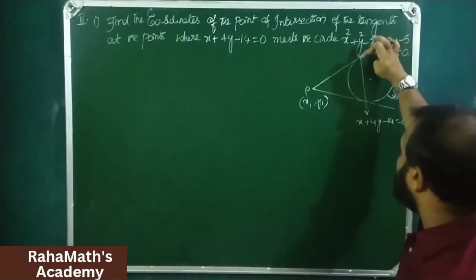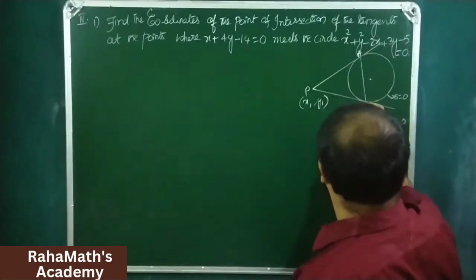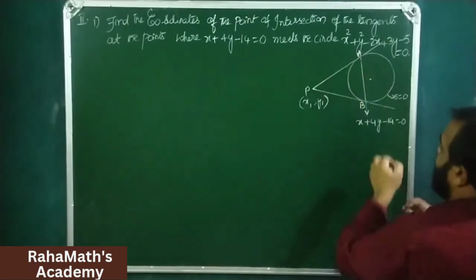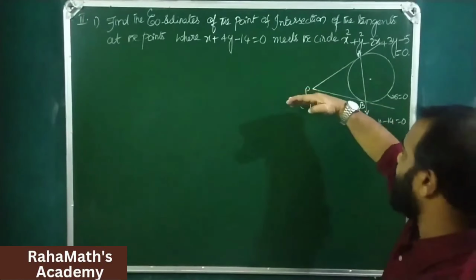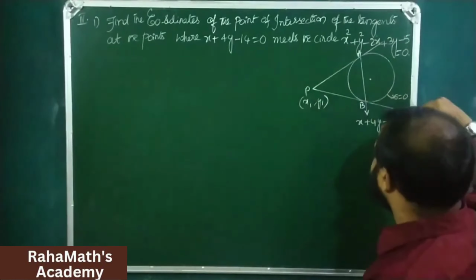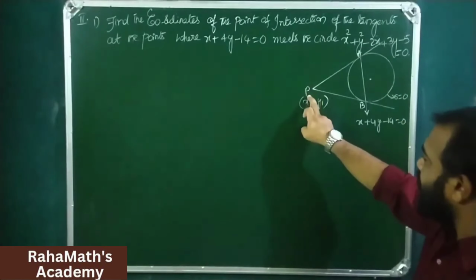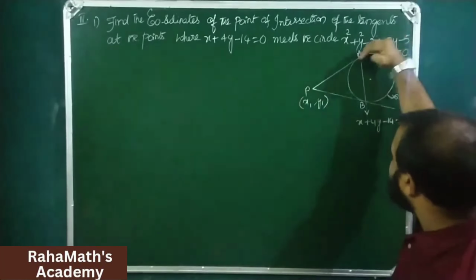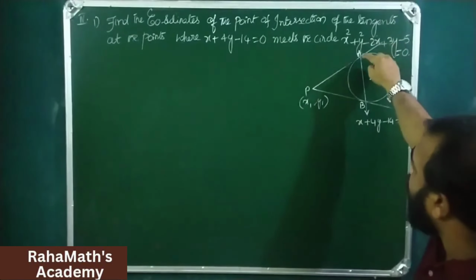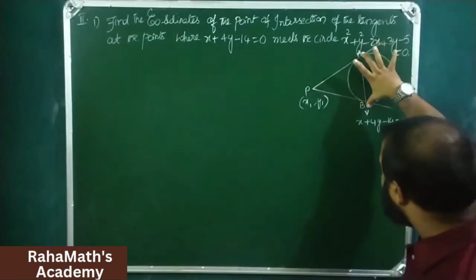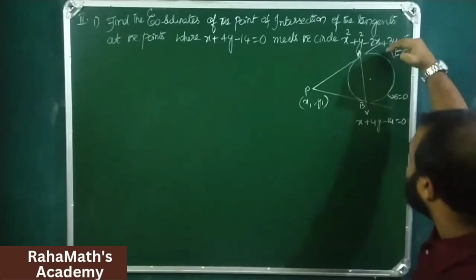Through these points of contact A and B, one tangent is drawn and another tangent is drawn. Let us suppose that these two tangents join at P. So what is this P? This P is the point of intersection of the tangents at the points where the line meets the circle, that is, through the points of contact.